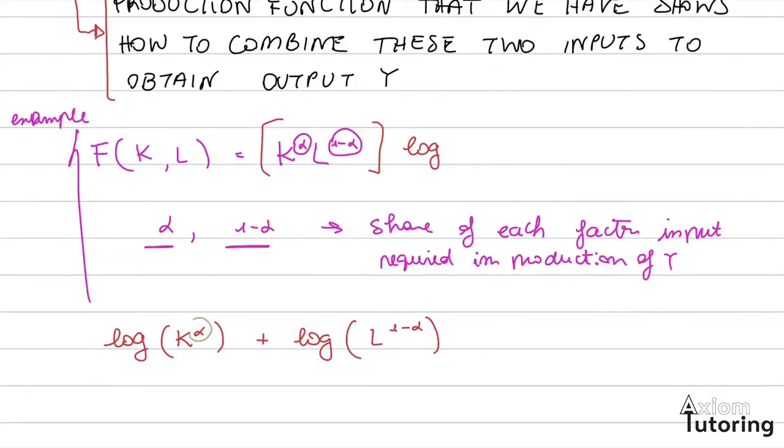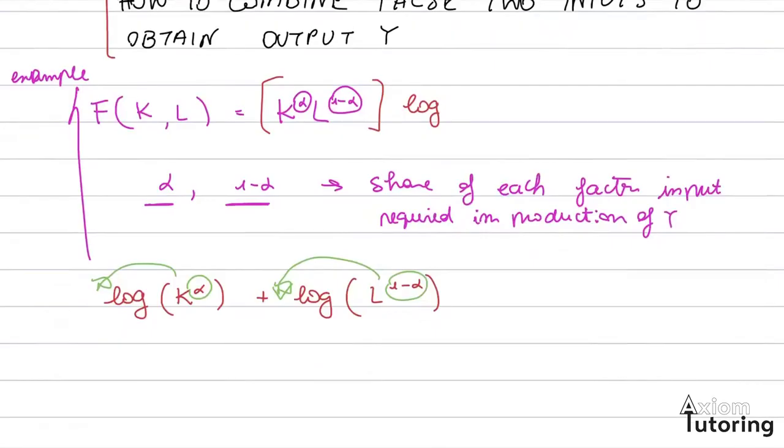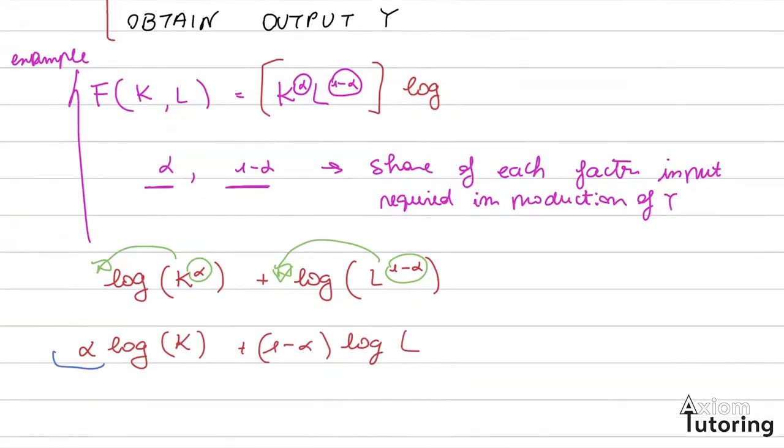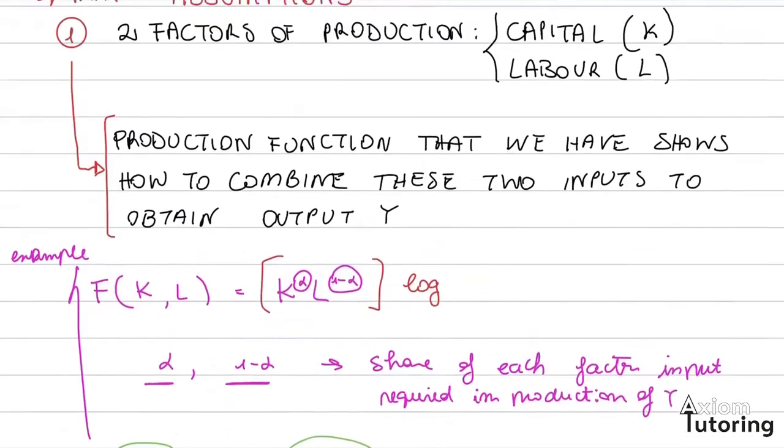And again, we could move the exponents as some kind of multiplicative coefficients outside of the log parenthesis, again for another law of the logs, so that we would end up having something like alpha log K plus 1 minus alpha log L. And as you can see in this case, the alpha and the 1 minus alpha would be the shares, because it's like they are proportions. They are multiplying the amount of factor of production that we are using. So this is the first big assumption.